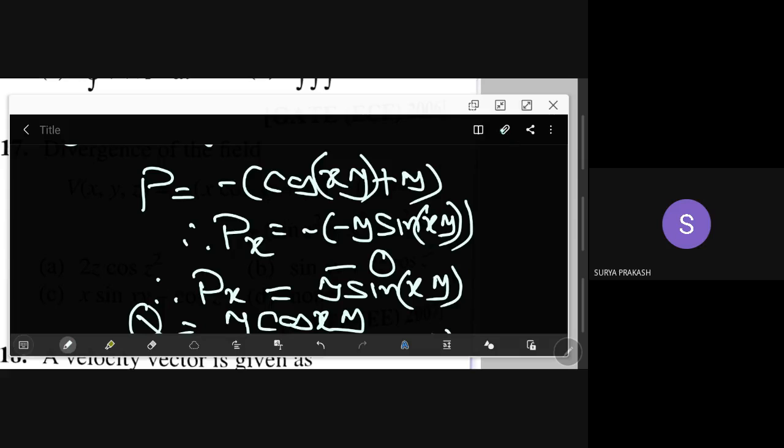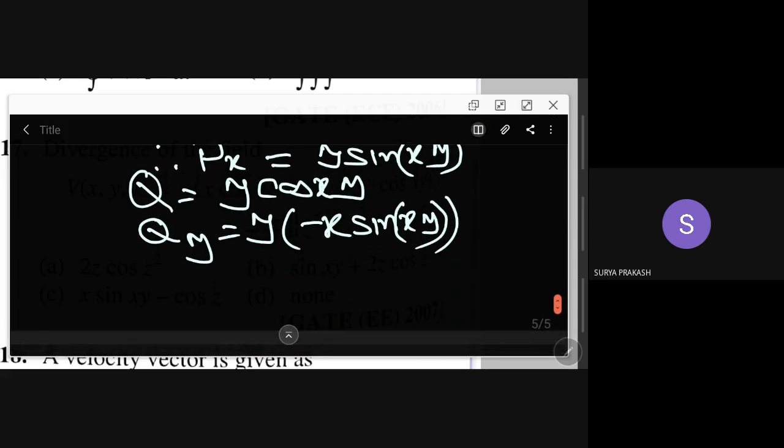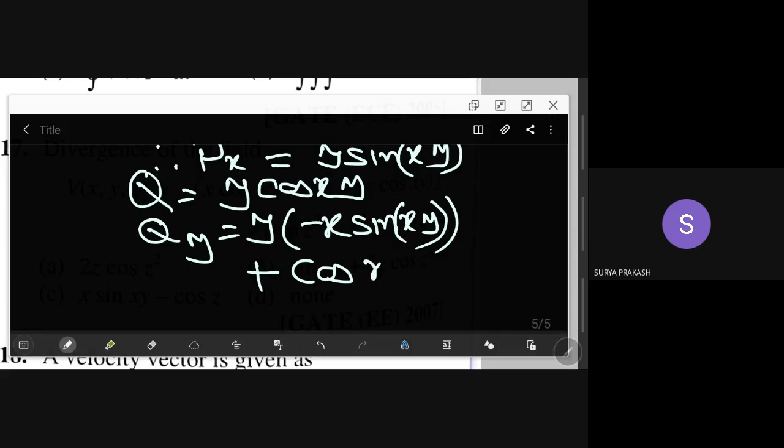Right, y into that, plus again the chain rule for cos xy. Because with respect to y also I have to use the uv rule. The derivative of uv is u into dv plus v into du.